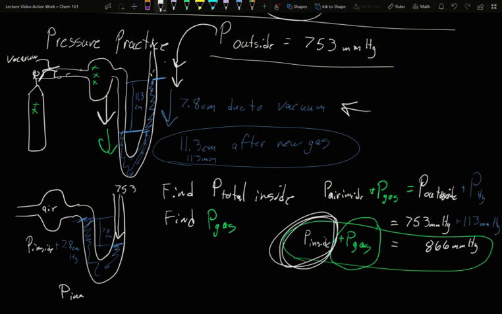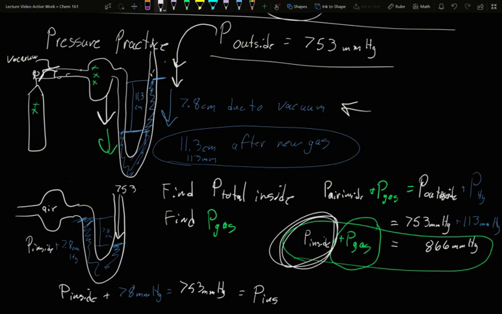So the pressure inside plus 78 millimeters of mercury must equal the outside, which was 753 millimeters of mercury.